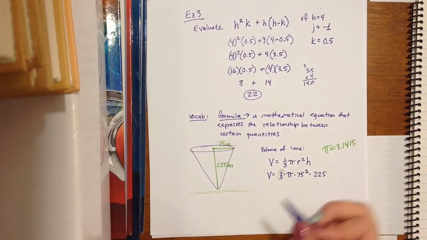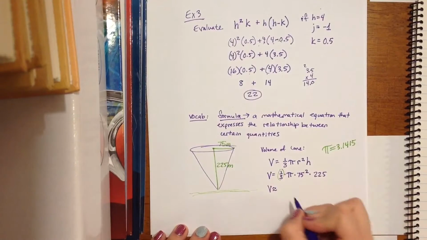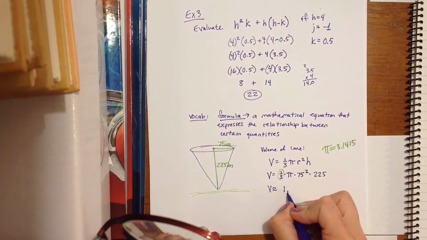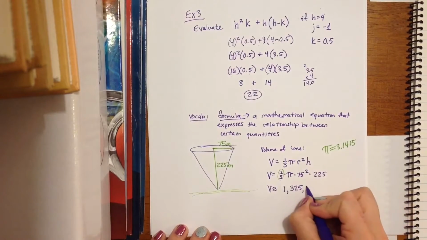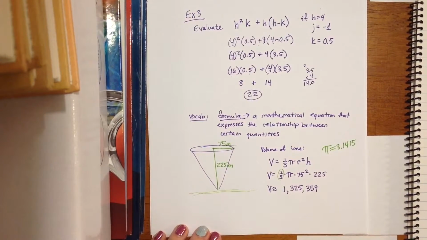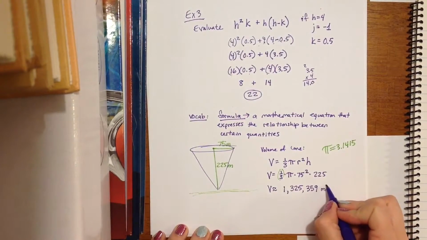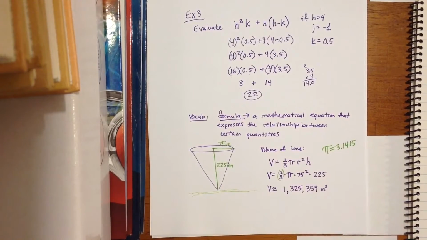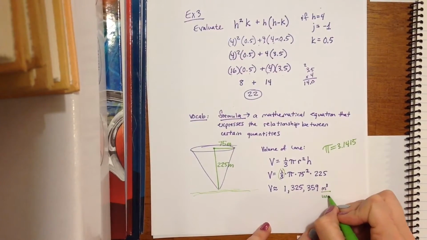When you type all of that in, you roughly get, with pi it's not going to be exact, 1,325,359. Now this is volume, and I'm working in meters here, so this is meters cubed. That's just your unit. We don't have to do the exponent there. This is just your unit of cubic meters.